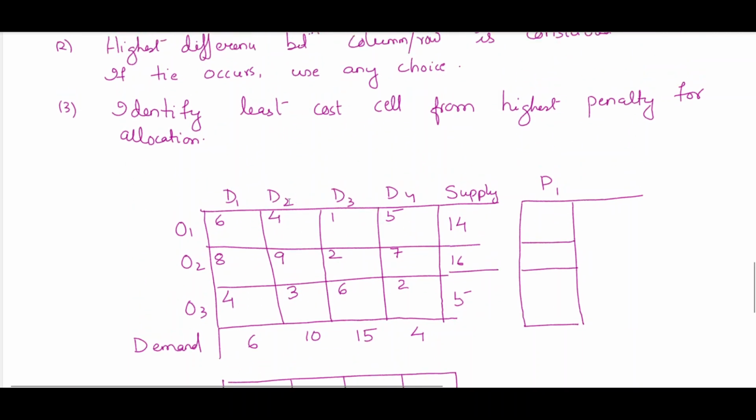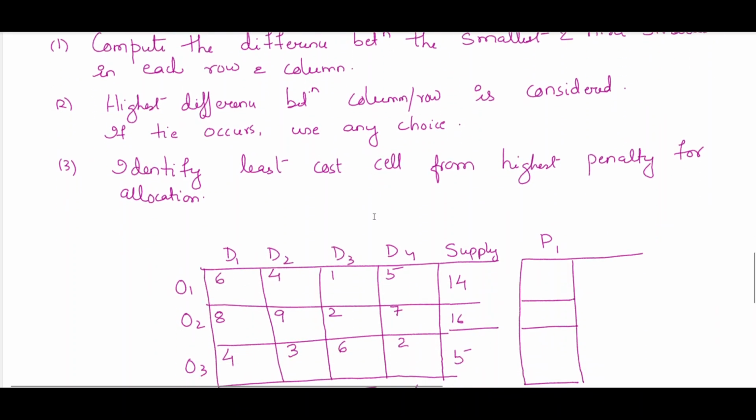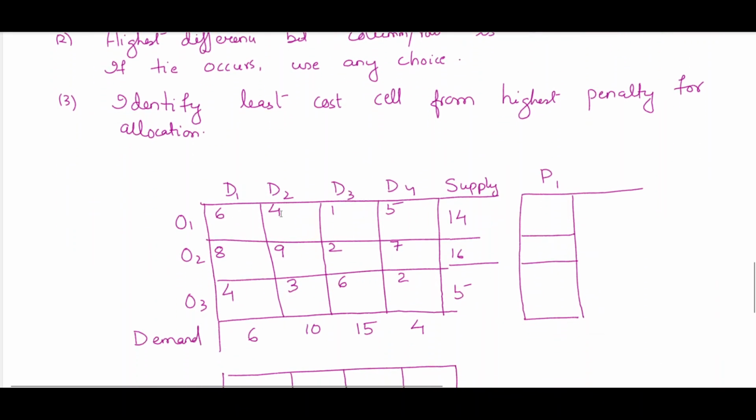So the first rule says compute the difference between the smallest and next smallest value. Here smallest is 1 and next smallest is 4, so the difference is 3. For row O2, 2 is the smallest, next is 7, so 7 minus 2 is 5.